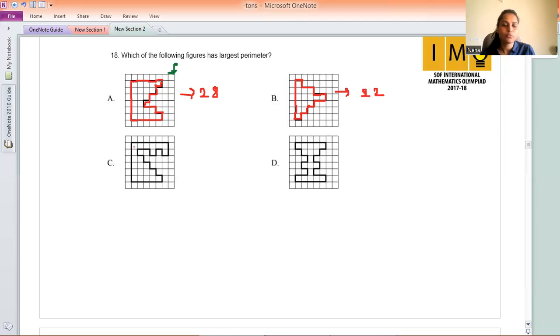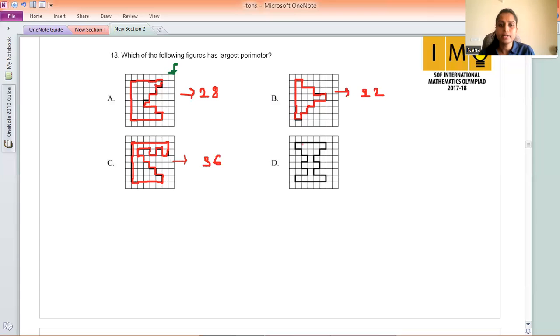Now for option C, it's 1, 2, 3, up to 36. So the perimeter is 36.